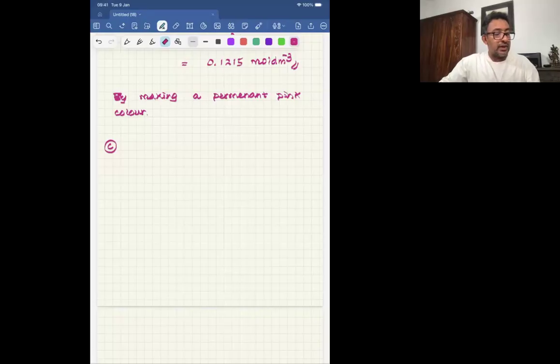Right. Okay. Calculate the next one, part C. Calculate the percentage of iron in a sample of steel wire if 1.51 grams of wire was dissolved in excess dilute sulfuric acid. So you have a metal. We don't know how much of this metal is there. So this is your metal, 1.51 grams.